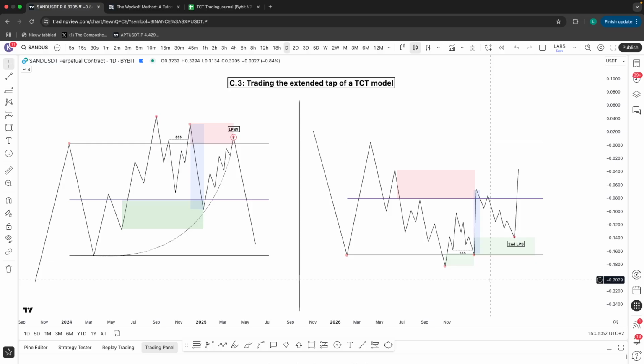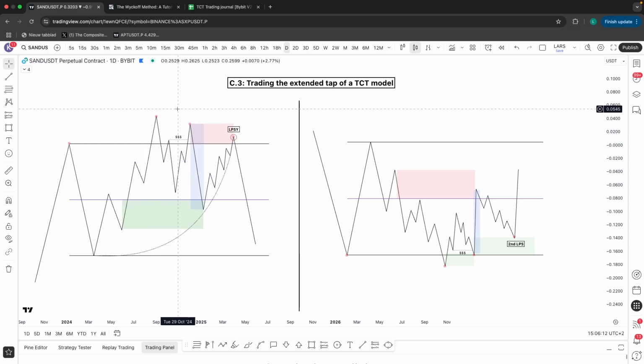Now, for the people that are paying very close attention, you might already notice that this looks extremely similar to our EHP, our extra high probability model, where basically you're coming into that POI, which already swept liquidity of the initial second tap expansion.